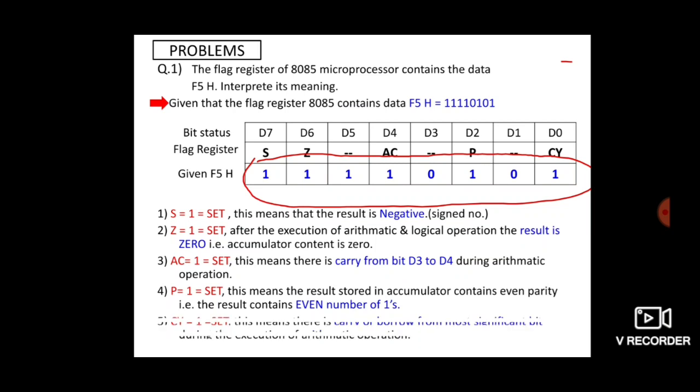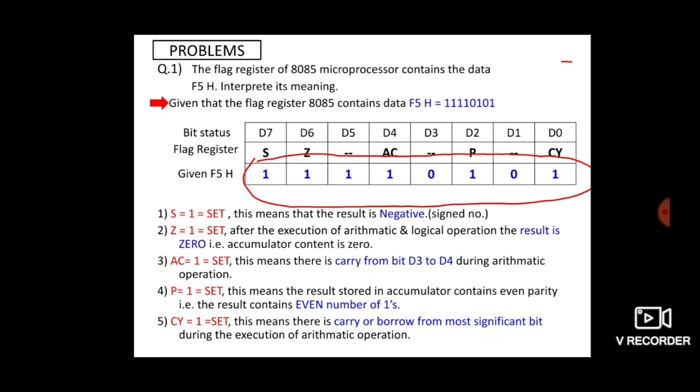And the last one is the carry flag. The carry flag is set because 1 is there in the carry flag also. The carry flag is set if there is an overflow out of bit 7, which means after the D7 bit one extra bit, a 9th bit, is created.